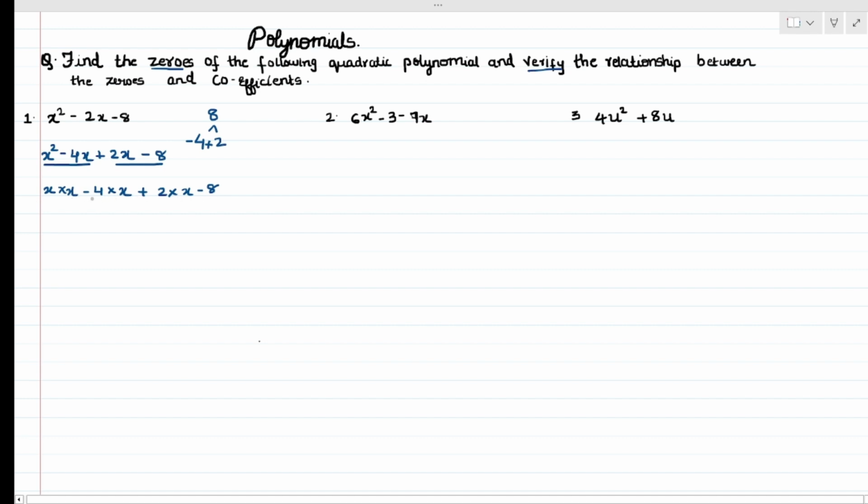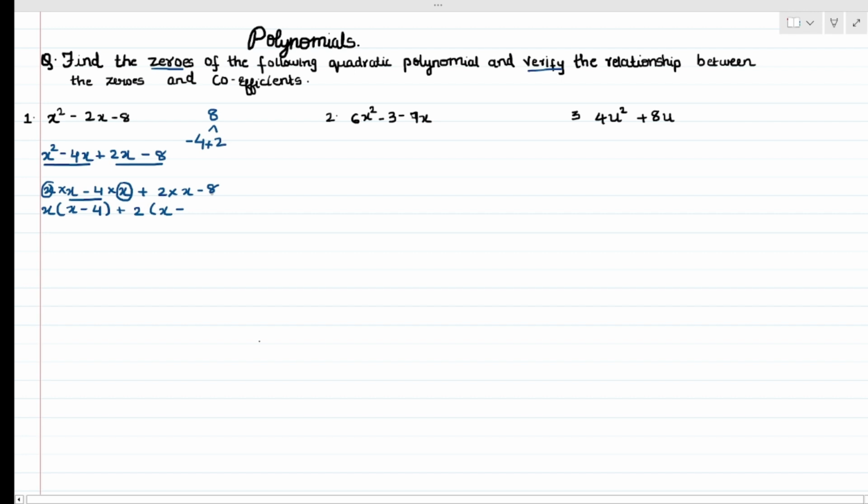So x times x, my x is common. What am I left with? I am left with x minus 4. Now, what is my common factor in the last pair? Plus 2. Why 2? Because both 2 and 8 are divisible by 2. So I take 2 out as common, and I am left with x minus 4.